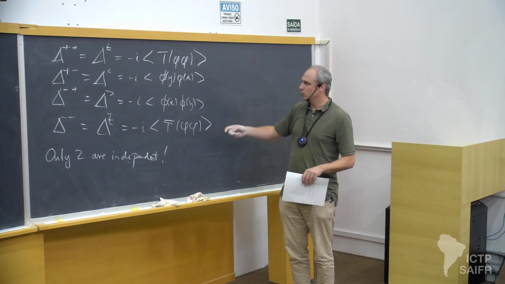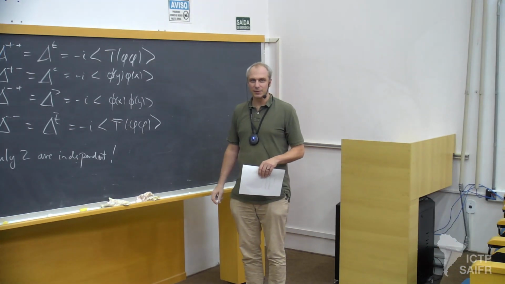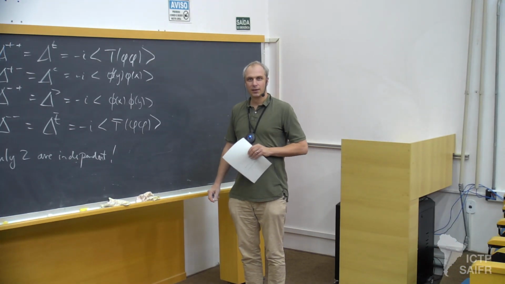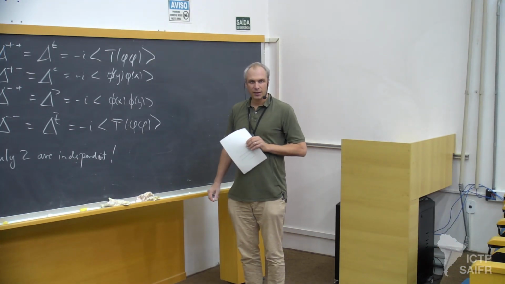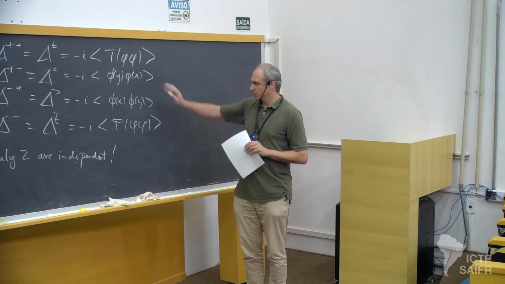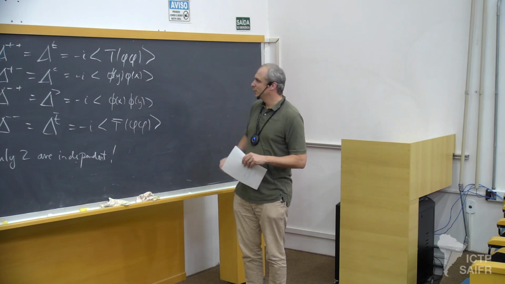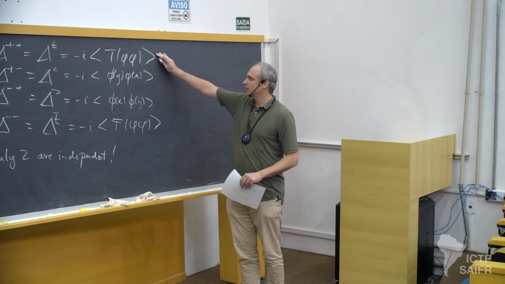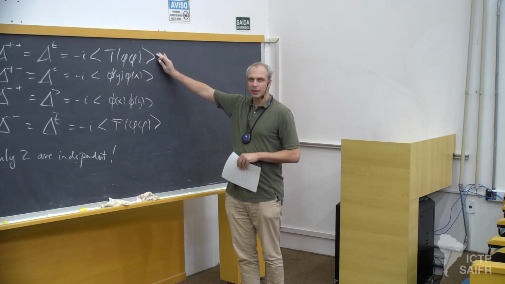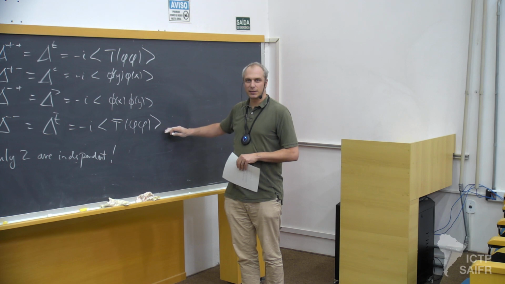Let's say you start with 2 of these, how could you construct one of the others? So let's say you would like to construct the time-ordered one. Can you construct the time-ordered one out of these?